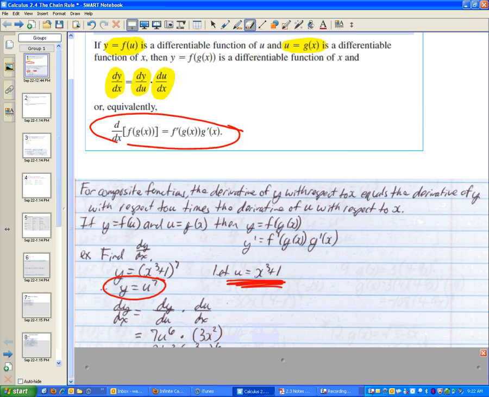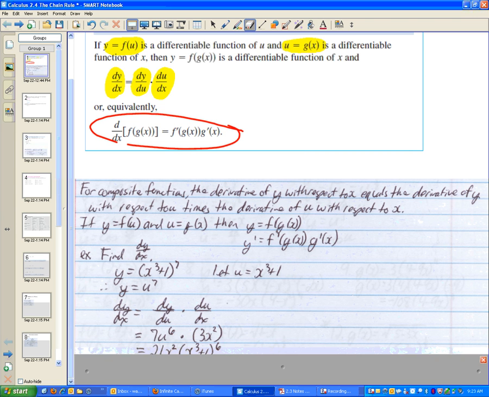The only problem we have now is that we have a u and an x in our derivative, but what are we trying to do? Look, it's called dy dx. We're trying to get it all written with x as the variable. So what do we do now? How do we get rid of the u? Yes, substitute back in. Substitute the x cubed plus 1 in for the u.